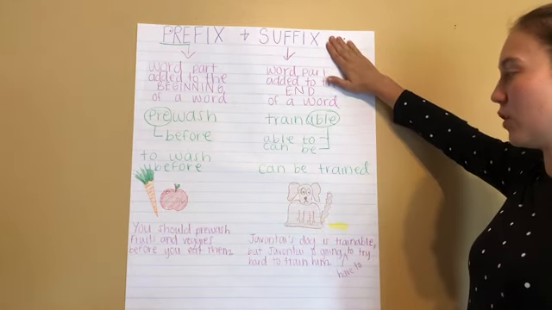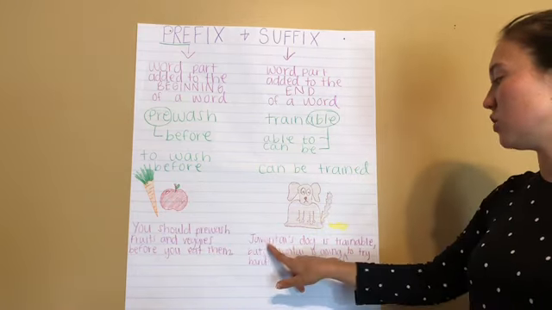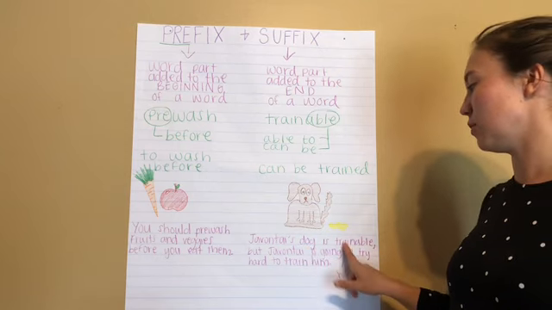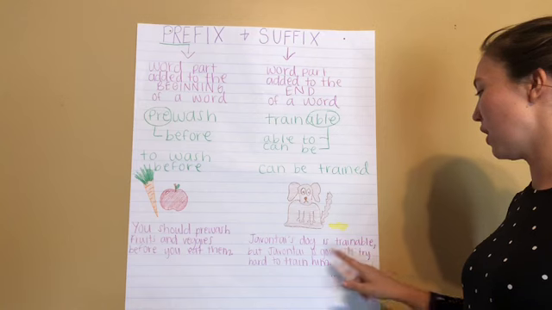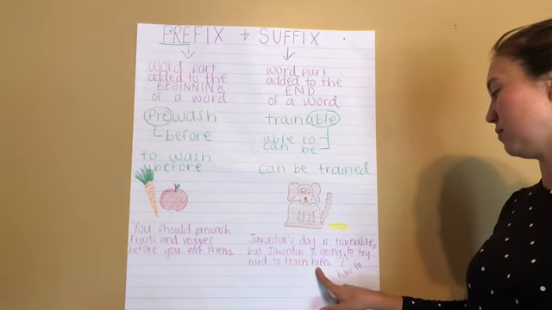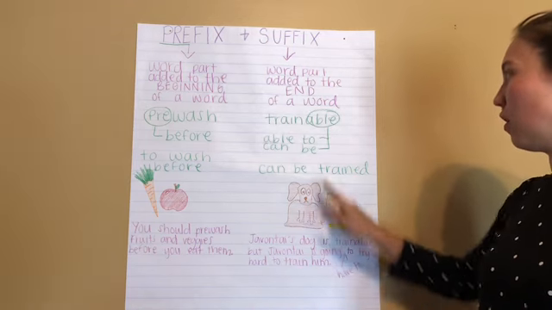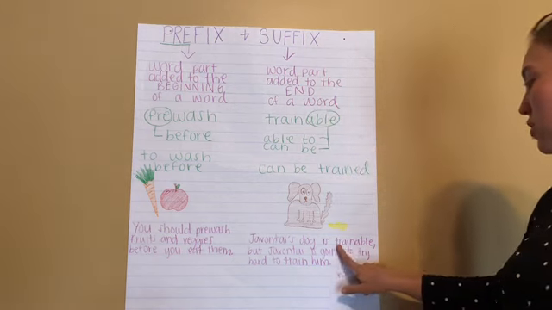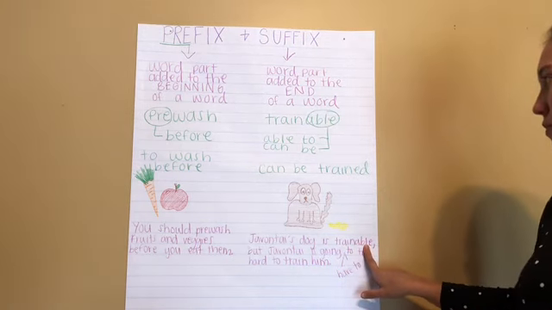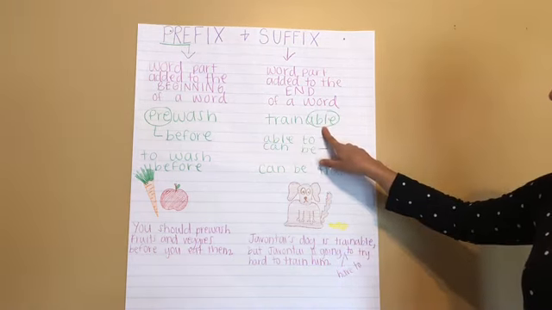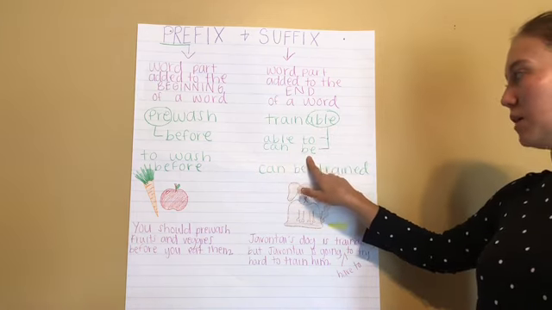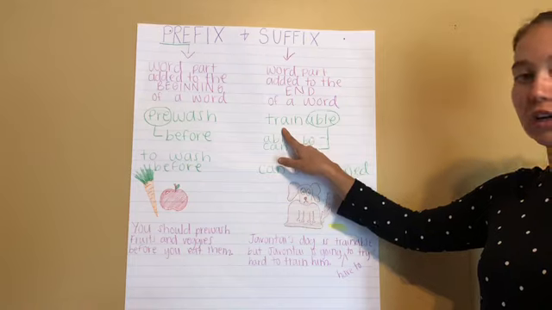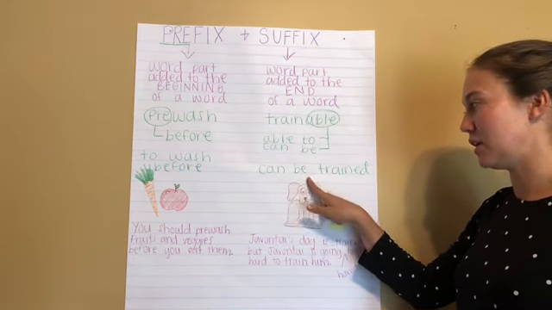Over here we have our suffix. Javante's dog is trainable, but Javante is going to have to try hard to train him. Our suffix word is trainable. Able means able to or can be. So this word, trainable, means can be trained.